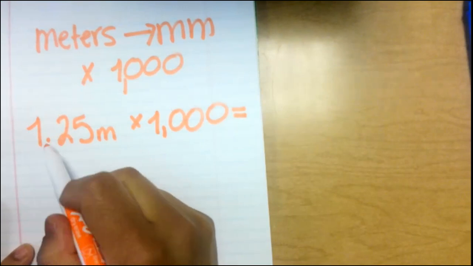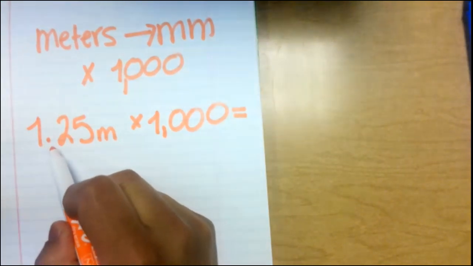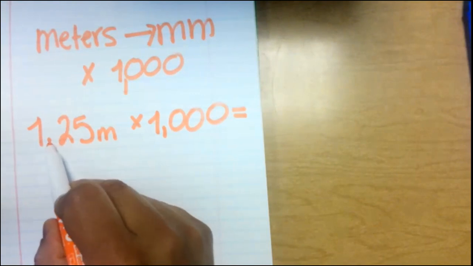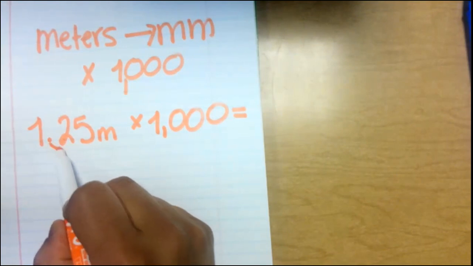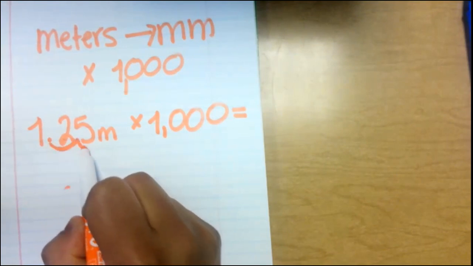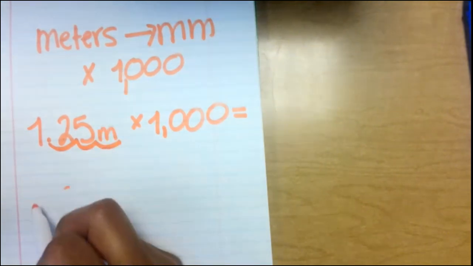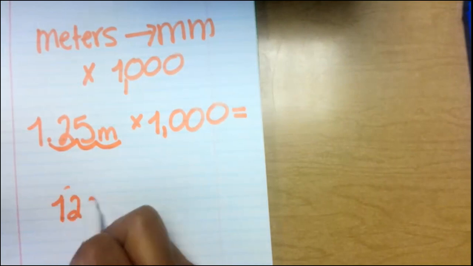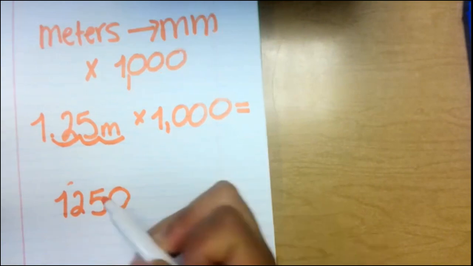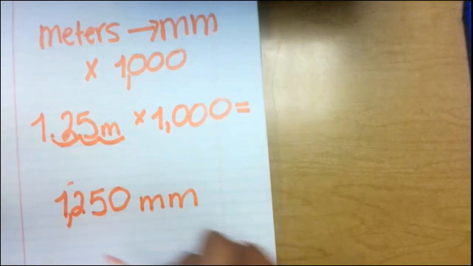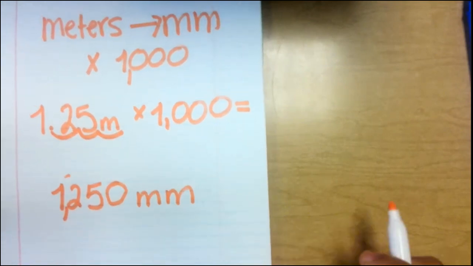We move the decimal point how many times? 3 times, I think. And that means there's going to be a 0. So that is 1, 2, 5, 0 millimeters. 1,250 millimeters.